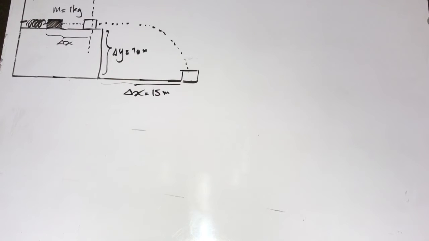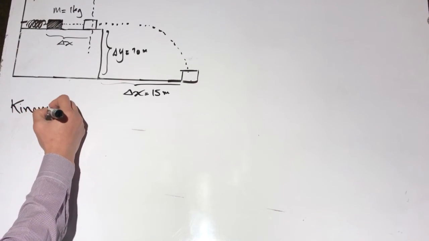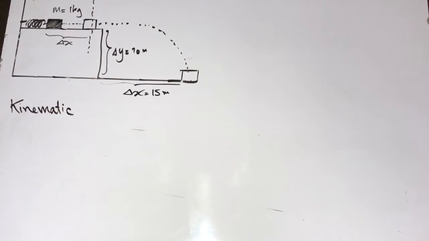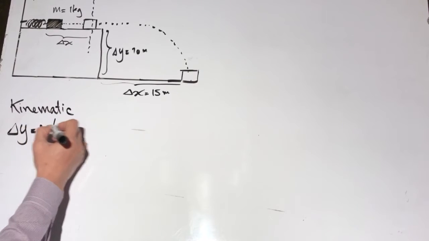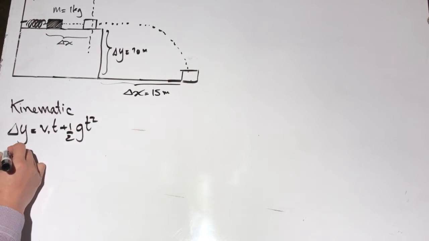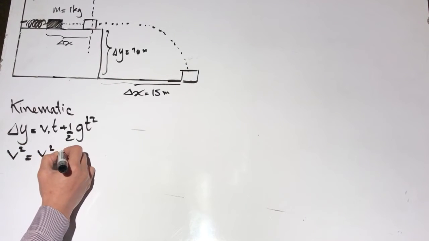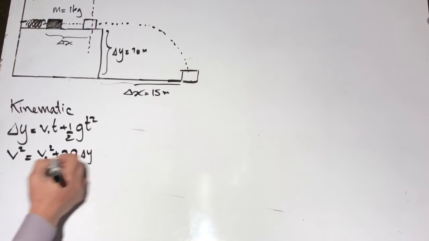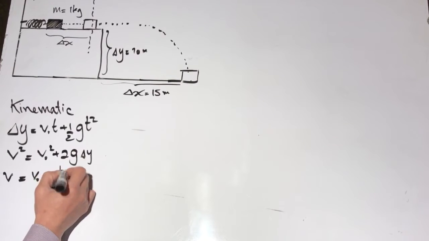So we're going to have to use the kinematic equations. Let's start over here. I'm just going to give you 3 different equations, and then from there we figure out which equation we want to use to solve the problem.